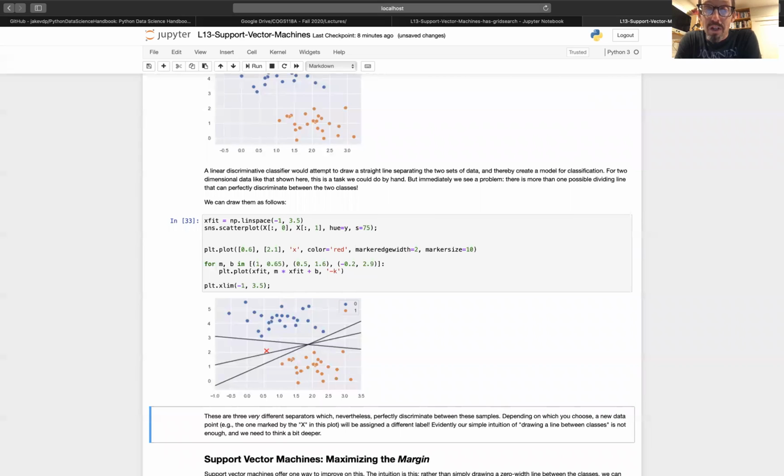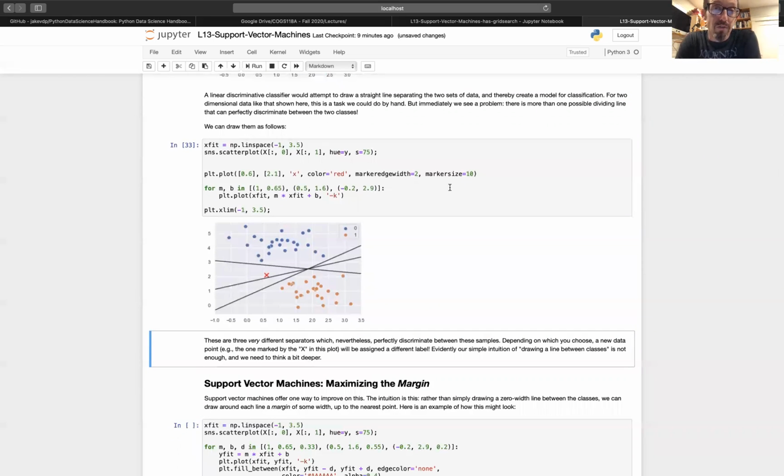If we get a new sample of data marked with that red X, which class is it going to be in? The negative class blue or the positive class in the orange? Well, it depends on where you draw that line. And obviously with multiple different lines that can be drawn, which one is the right one?